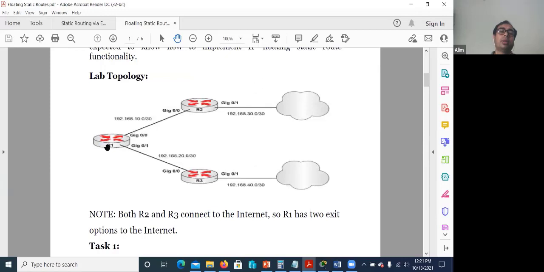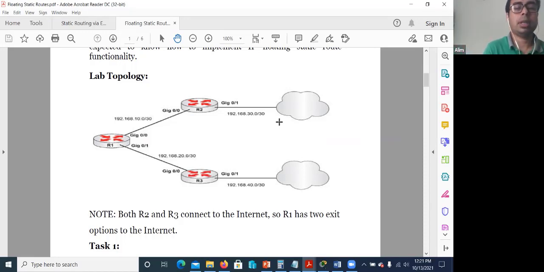You have an organization where you have one router, R1. But you notice that your ISP connection is sometimes interrupted for different reasons, and you lose internet connectivity and you go offline. So this is a problem.